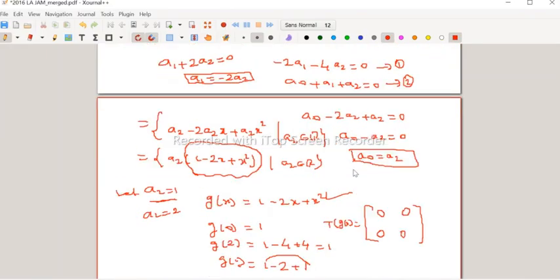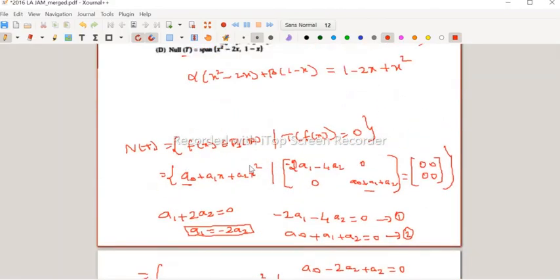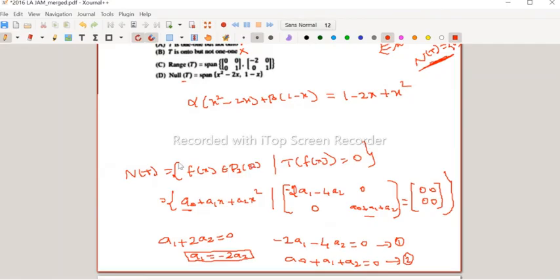Because every element of the null space is of the form a2 into 1 minus 2x plus x square. Specifically, take a2 equal to 1, we get this one. So choose alpha and beta such that the linear combination equals this. What is possible? Since alpha x square is there, alpha should be 1. That is the only possible choice, right?